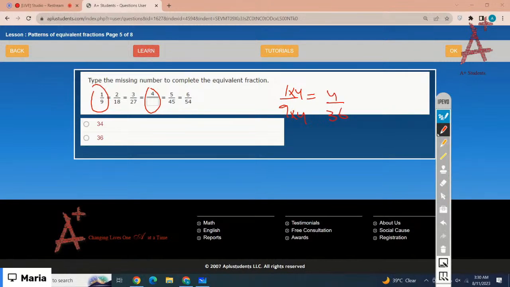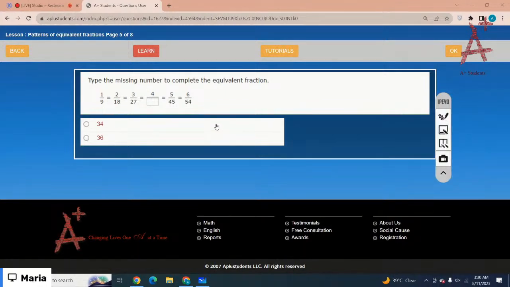So it would be 4 over 36. So that means the missing number is 36, right? Yes, you have to multiply it by the 4. So the missing number is 36.